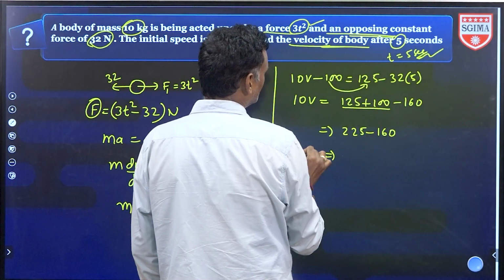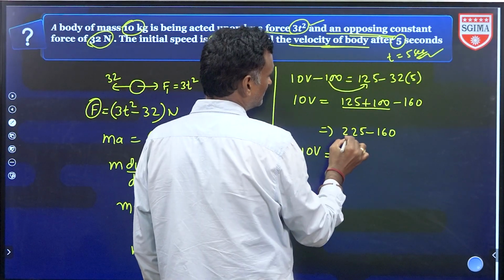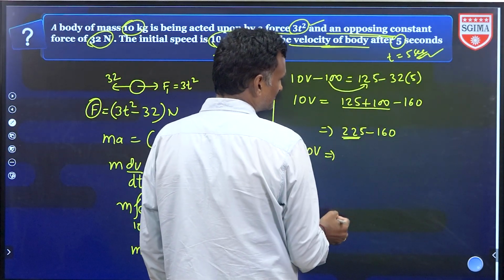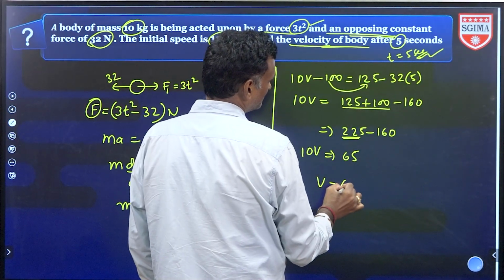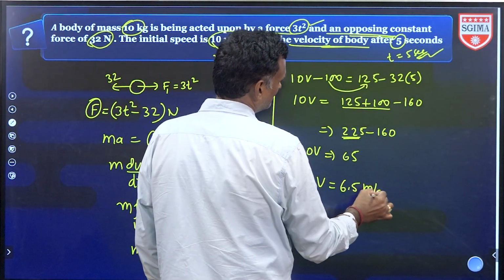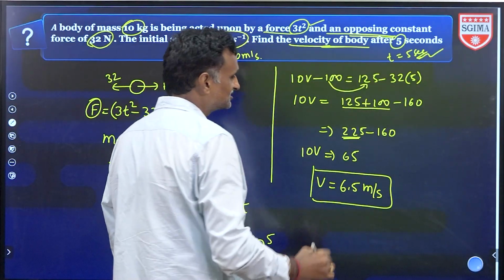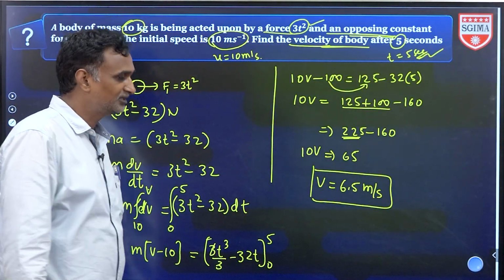So 10v equals 225 minus 160, which is 65. So v equals 6.5 meters per second. This is the speed acquired by the body.